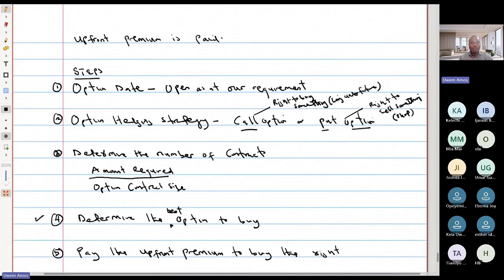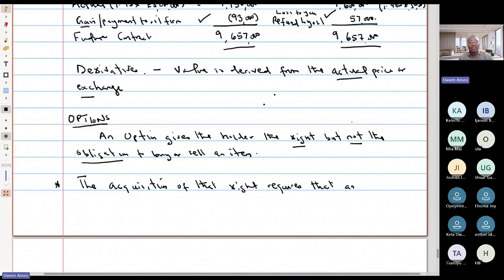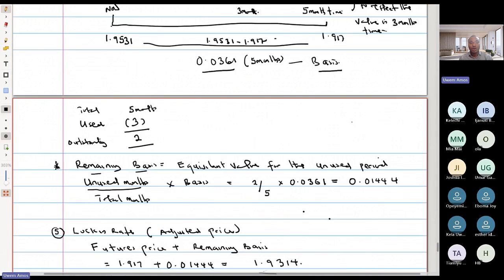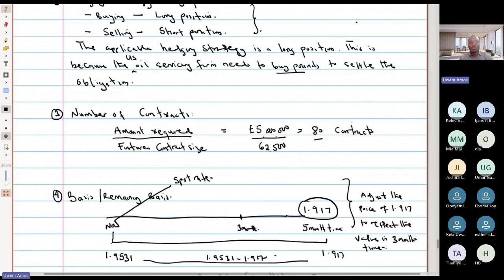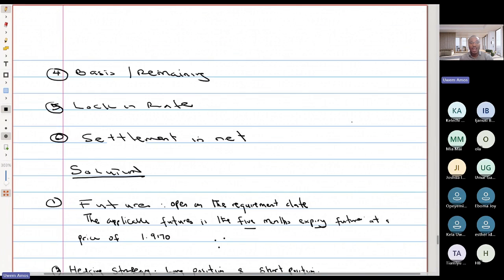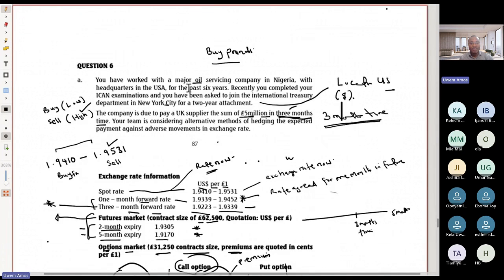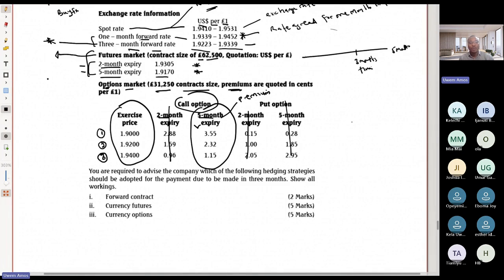So let me begin by copying down the exercise price, which is the amount that you would lock to buy, the amount that you have an option to buy or sell the currency at. So we have the exercise prices as 1.90, 1.92, and 1.94.